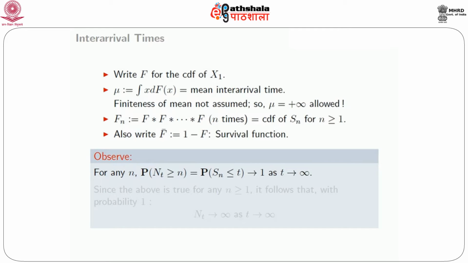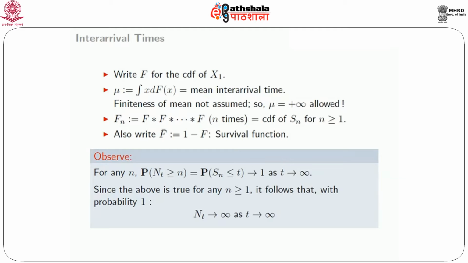Here we are taking t going to infinity. Since Sn is a random variable, as t goes to infinity, the probability that Sn is less than or equal to t of course goes to 1. That's the distribution function of Sn. And that means that the probability Nt greater than or equal to n goes to 1 as t goes to infinity. But this is true for every n greater than or equal to 1.